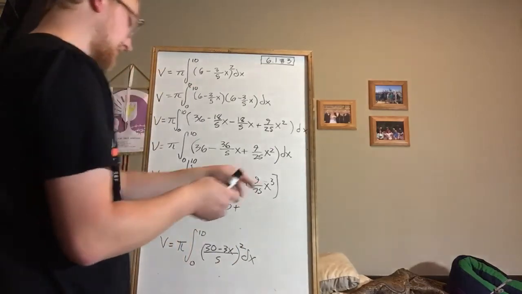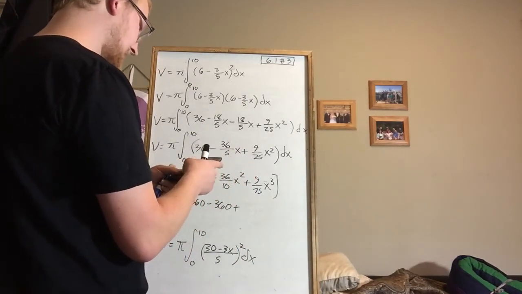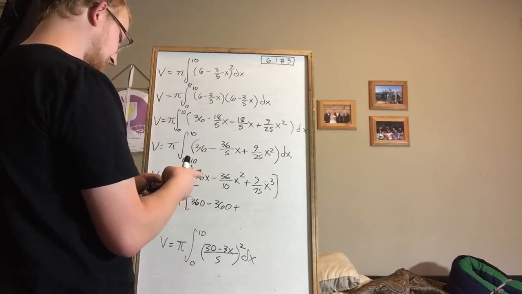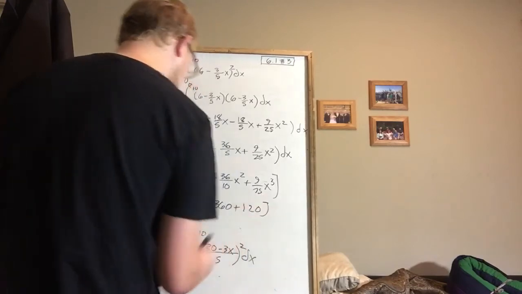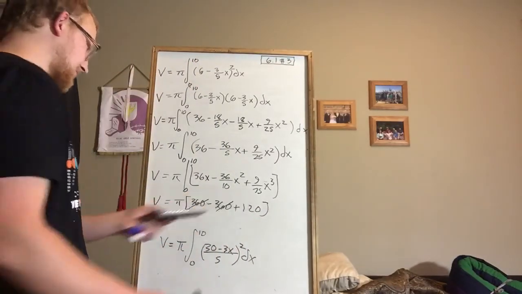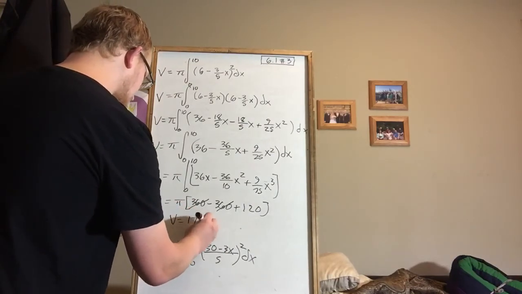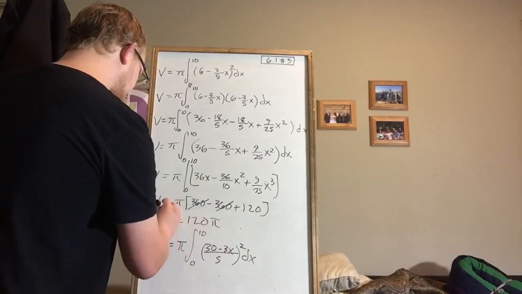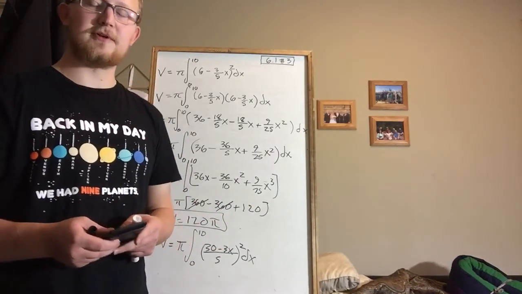And then this last one here, 10 cubed is 1,000 times 9 divided by 75 is equal to positive 120. So the 360 and the minus 360 cancel, and what we're left with is 120 times pi. So volume equals 120 pi for this specific problem. So anyways, I hope this was helpful, and I'll see you next video.